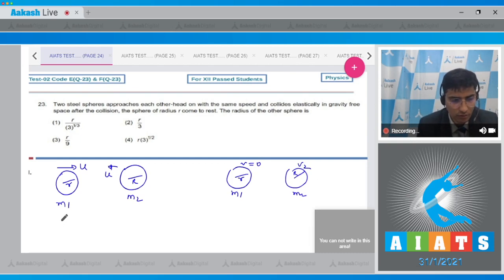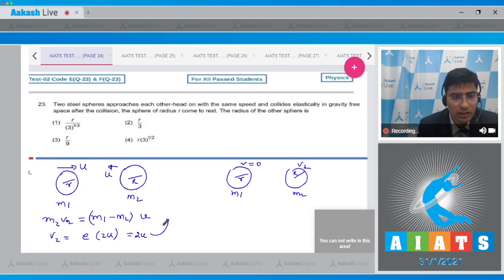So using the conservation of linear momentum, we can write that m2 v2, the final momentum, is equal to the initial momentum, m1 minus m2 into u. Now also v2 will be equal to e times 2u, that is, velocity of separation is the coefficient of restitution multiplied by velocity of approach. So here this will be equal to 2u as e is 1. We can substitute this value of v2 here and write m2 2u is equal to m1 minus m2 into u.